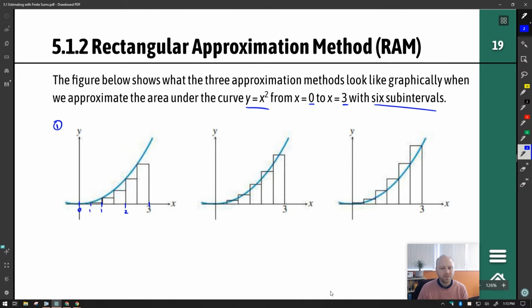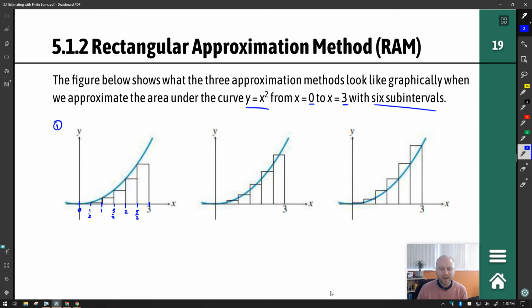So 0 to a half to 1, 1 to 3 halves to 2, and 2 to 5 halves, and 5 halves to 3. Then when we drew in graphically the rectangles, we were finding the height of each of those rectangles by taking a look at the left side of each of those subintervals, going up to the curve, and then using that as the height.